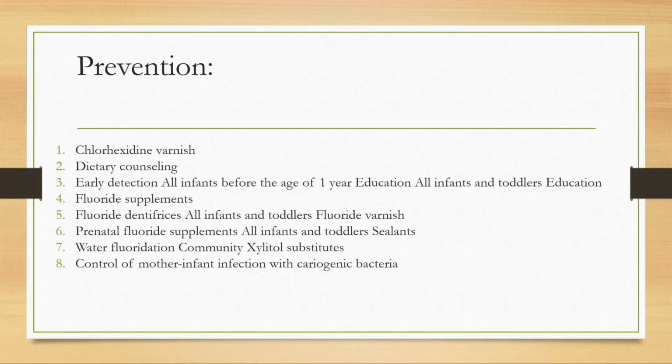Next we have prevention. So how do we prevent ECC? We have various methods. The first is using chlorhexidine varnish, then proper dietary counseling. Early detection is vital in the prevention of ECC, and screening before the age of 1 is very important.